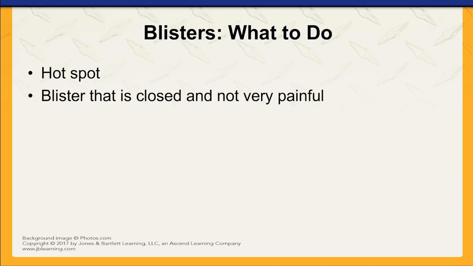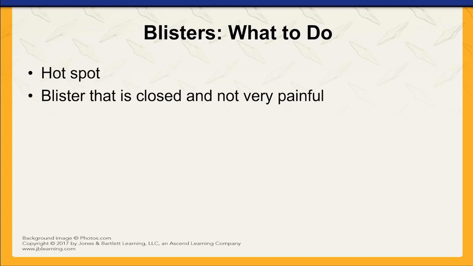So what do you do for a blister? Relieve the pressure. How do you relieve the pressure? Put on a blister bandage. You can try surgical tape or even elastic tape. So for a blister that's closed and not very painful, you can use any one of these things that I talked about before.